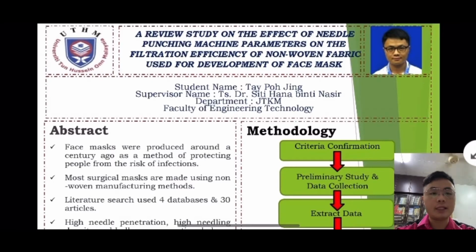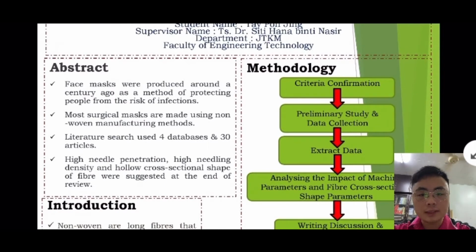Thus, my supervisor suggested that I continue my final year project, and in the end, we decided to do a review study, which is to collect data from previous studies by other authors, analyze them, and make conclusions. So now we look at the extract of my PSM.